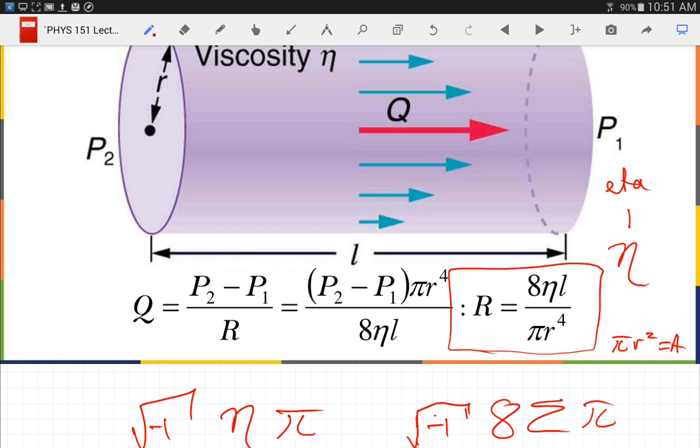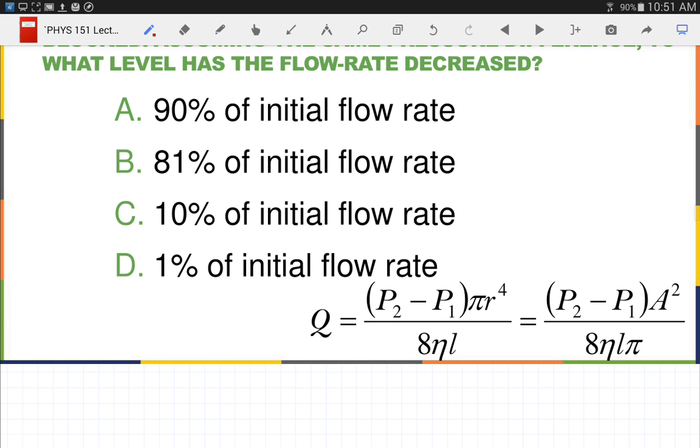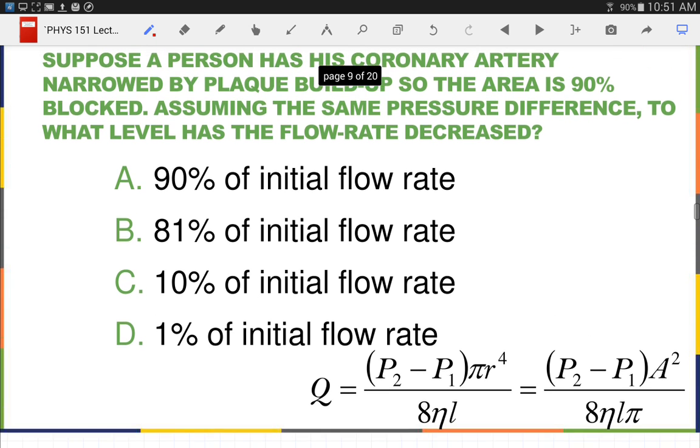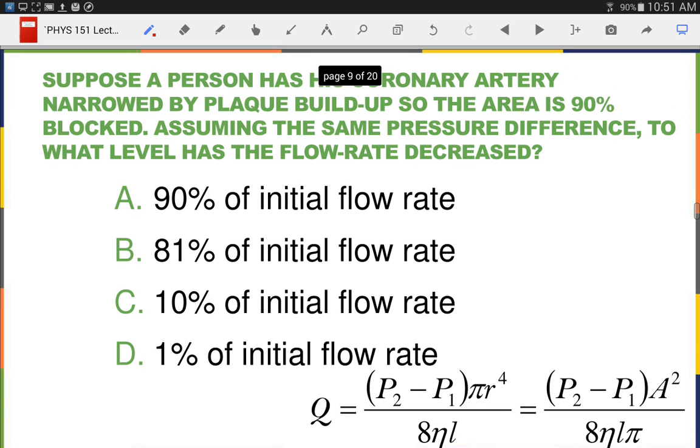Why is this important? Well, things like, 15 years or so ago, my father had a coronary bypass surgery. Why? Because he had a 90% occlusion in some coronary arteries.